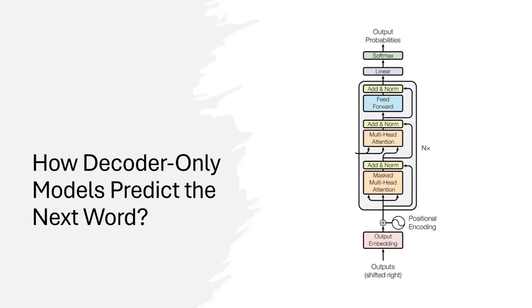After masked multi-head attention and the feed forward layer, add and normalization also happens. We add both the output and the input of the layer. It happens in both layers.